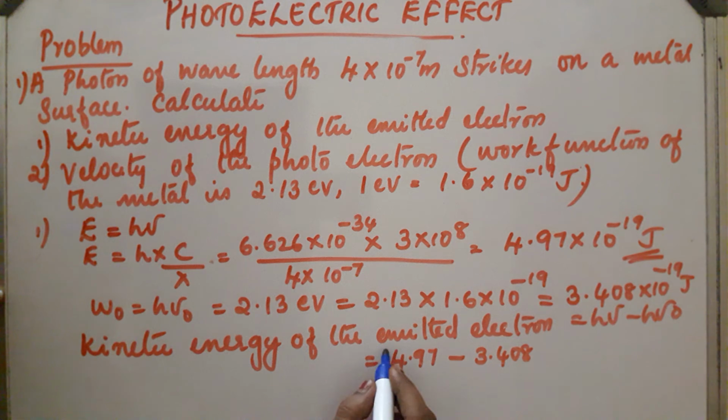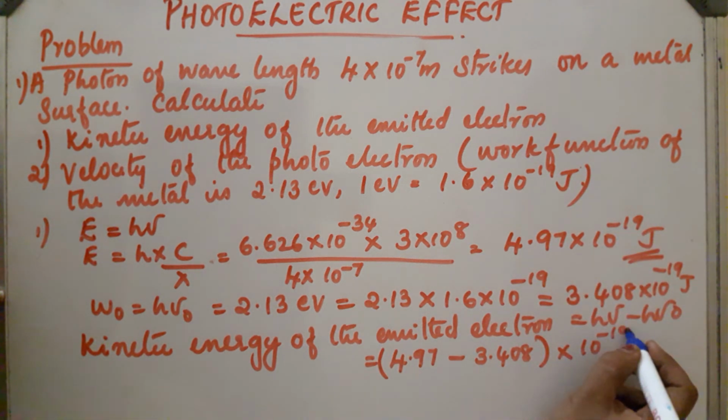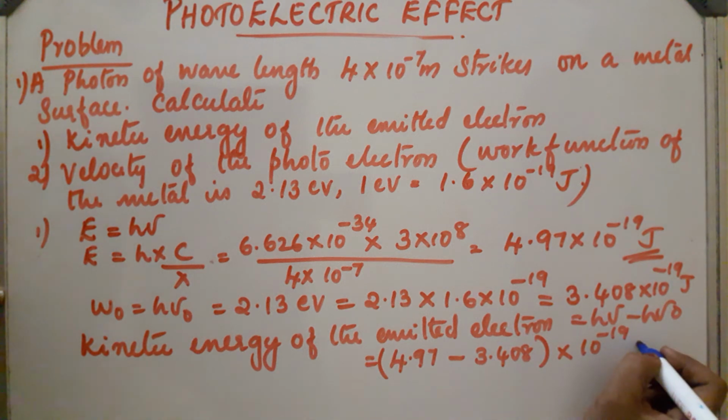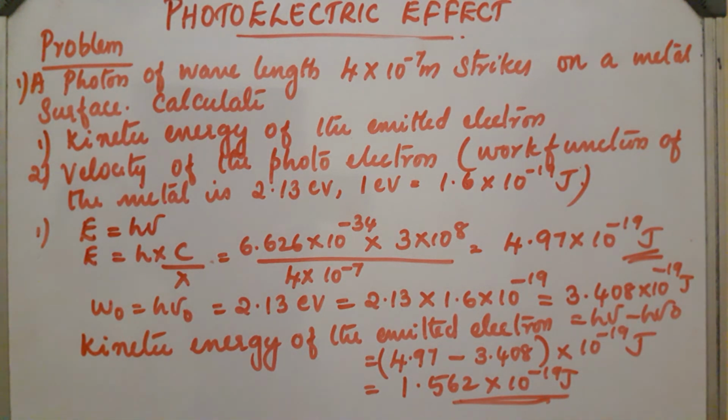Both have the same 10 raised to minus 19 joule. So what will be the value? 1.562 into 10 raised to minus 19 joule. This is the kinetic energy of the emitted electron.